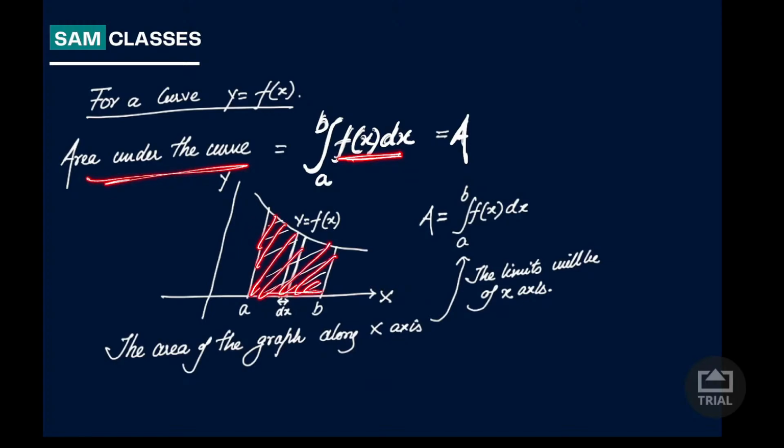Along which axis? The x-axis. Now you'll say, sir, what is this dx for? The limits a and b are limits of the x-axis. If somebody writes dy, the limits will change to the y-axis. Everybody clear? Let me explain again. We have a curve y is equal to f(x).